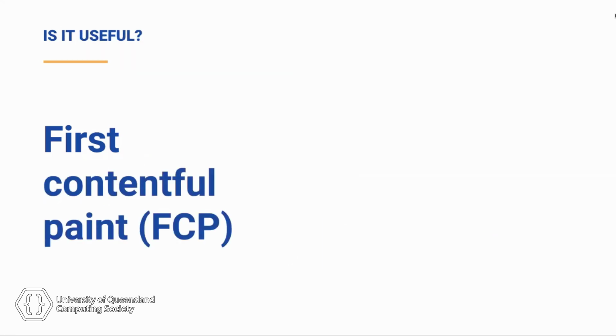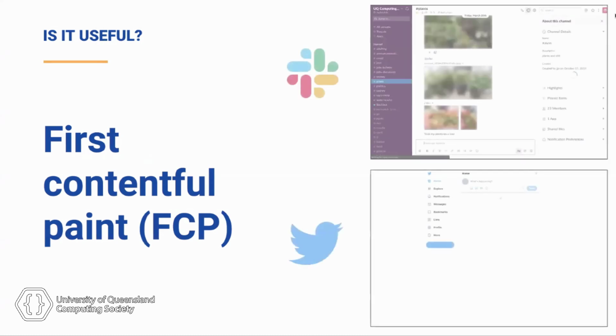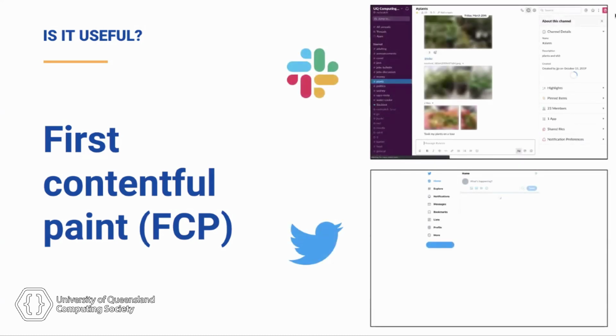Is it useful? One of the metrics relevant to "is it useful" is the first contentful paint. So not only has something rendered, but it's something that is useful in some capacity. With Slack, it's sort of loaded almost everything at once. So you can argue that that's quite useful because now you can actually start reading your conversations.